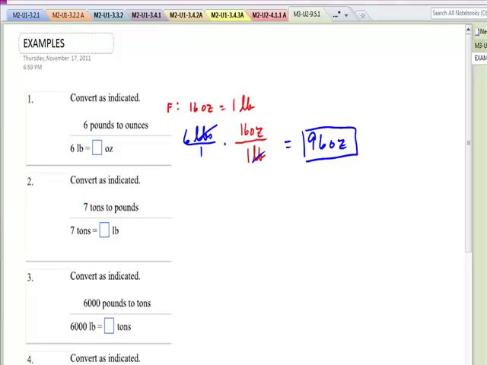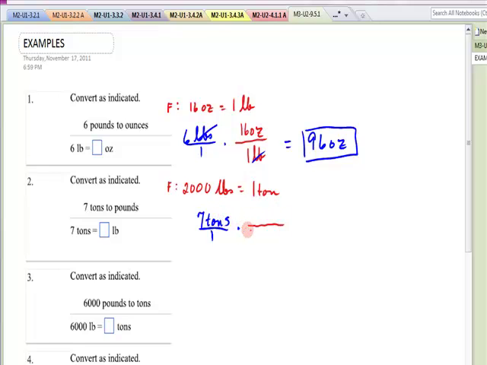The next one, I have 7 tons to pounds. All right. Fact that there are 2,000 pounds in 1 ton. All right. We start with the given, which is 7 tons. Put it over 1. Multiply it by this fact turned into a fraction.